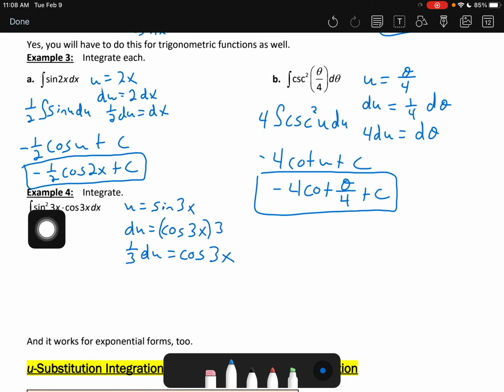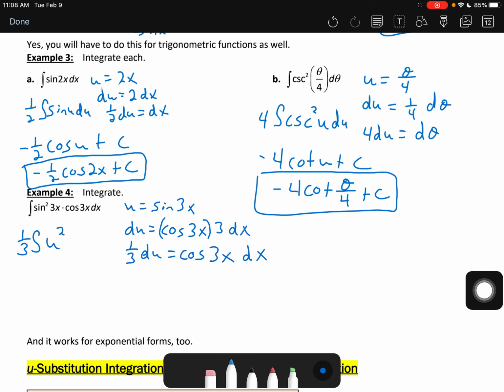So where I had sine of 3x quantity squared, that's going to be u squared first, right? So it'll be u squared. And then this part of it, cosine, oh, I forgot to say dx at the end of this, because it was du dx, and I didn't put that at the end. So I do have cosine 3x dx, and that's going to be replaced with 1/3 du.